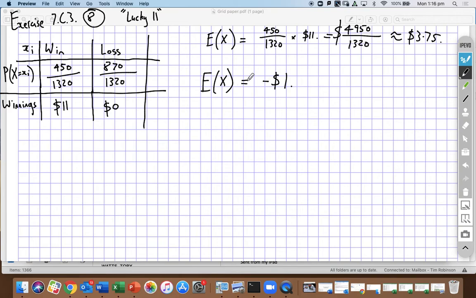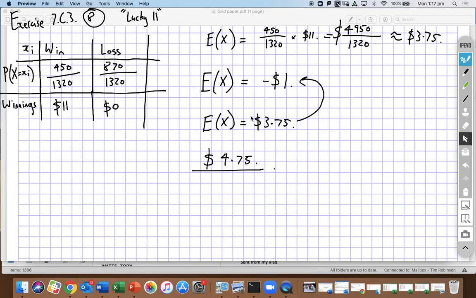And I don't really think we need to do too much else with this question because you can kind of see, well, if the expected value starts at $3.75, given that you didn't put any money in, but really you want to get it to there, well, what's the difference, right? And the answer is $4.75, okay?